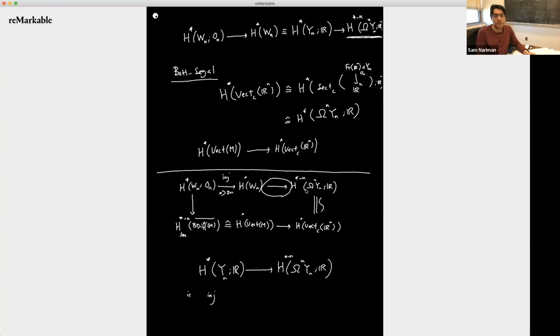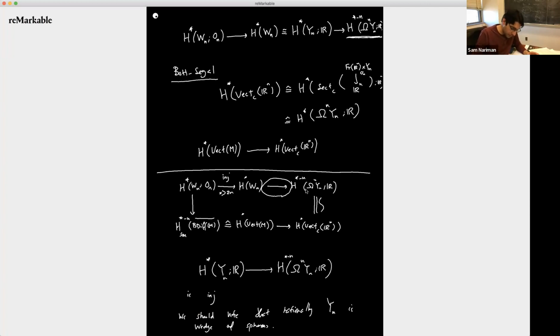This is not true for any space. This uses the fact that rationally, if you do rational homotopy theory, Y_n is a wedge of spheres.